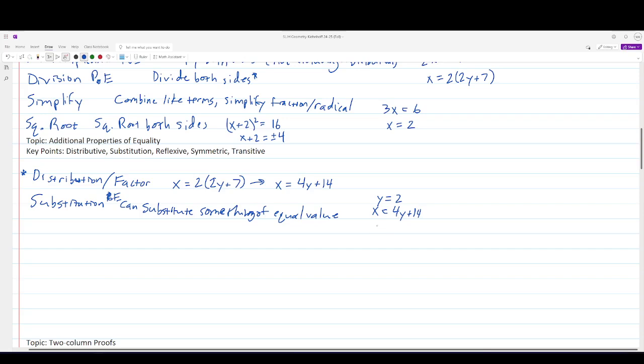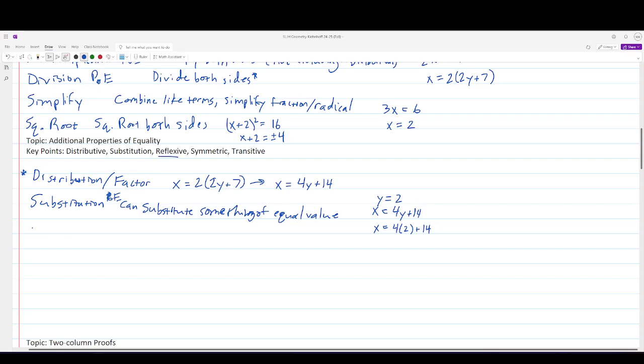And I could combine these two to say x = 4 times 2 + 14. So substituting is swapping out the value of something for something else that's equal value. So that could be a variable for a constant or a variable for another variable. We're going to use this more when we get into geometry stuff than we will in algebra.